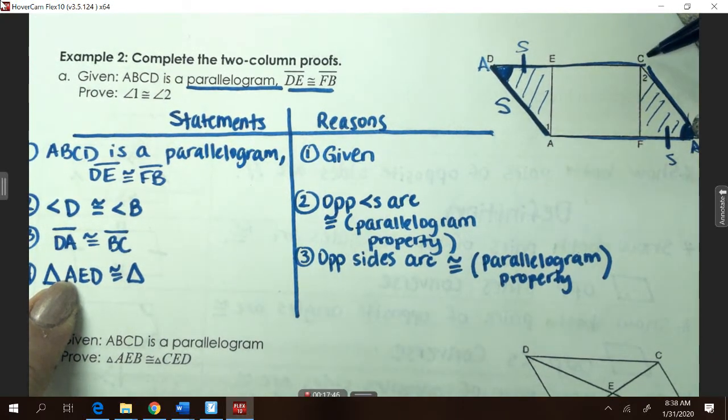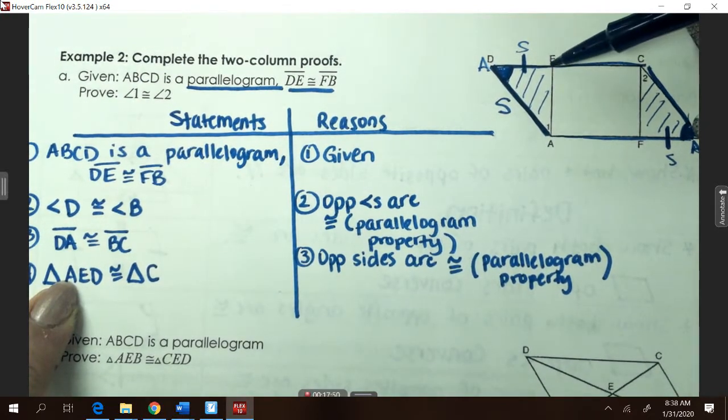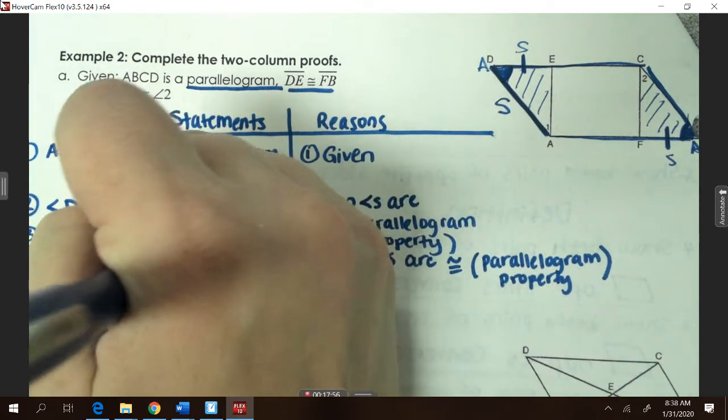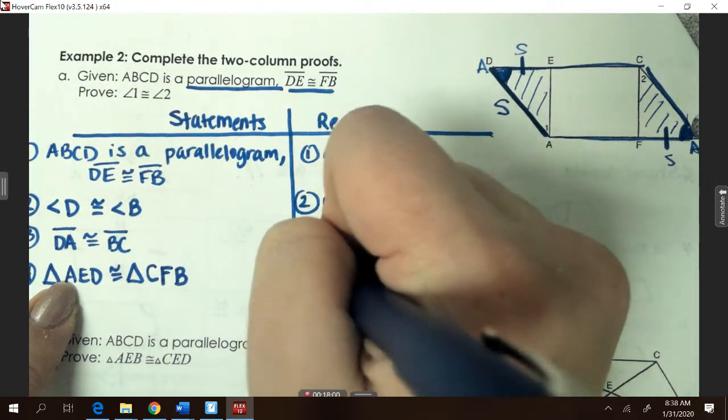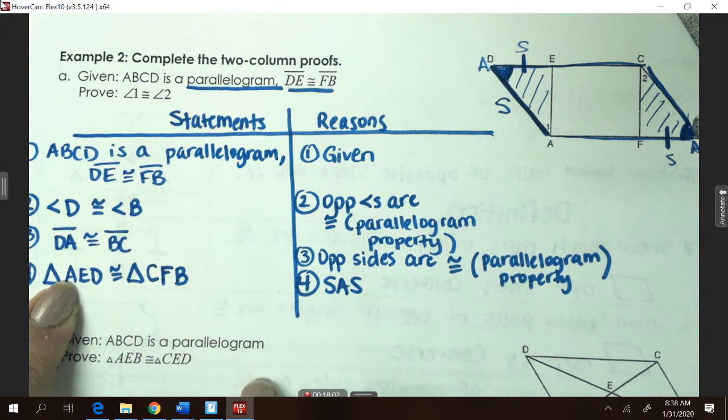A would correspond with C. I agree with that. Okay, and then E would correspond to what part? F, right? And then we would go to B. And so that would be by the SAS congruence theorem.